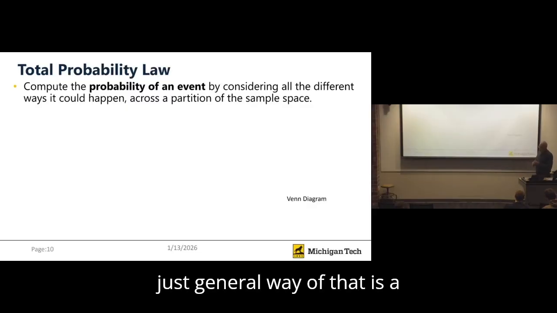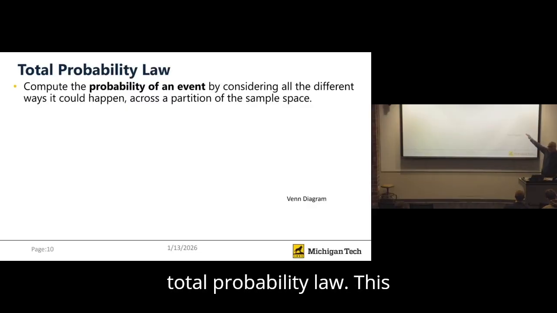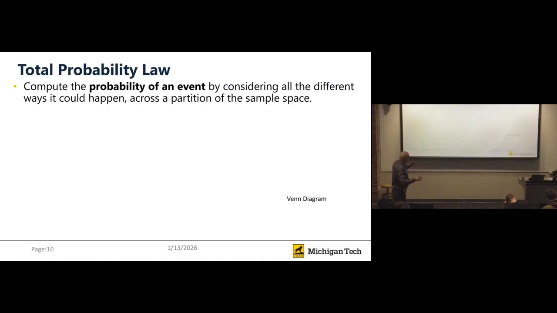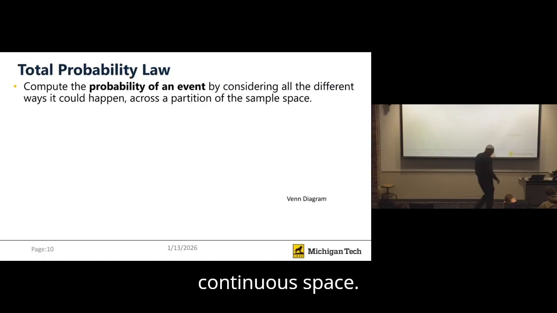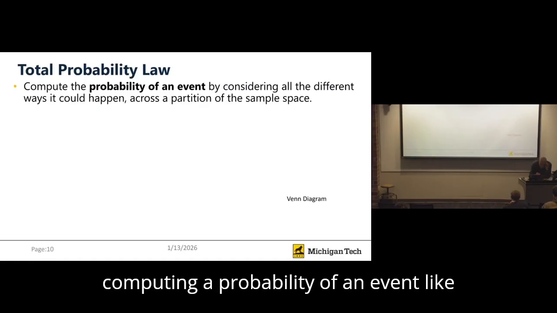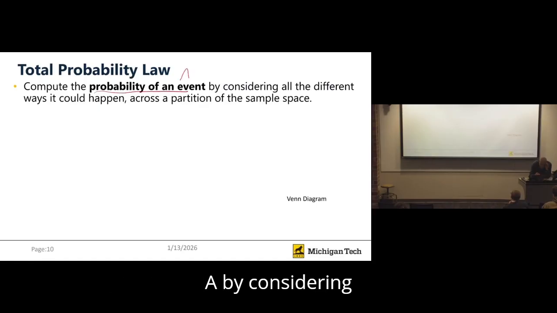But the general way of that is the total probability law. This total probability is very important. We can see a different version of that in continuous space. Right now, we are still in discrete space. We have A and B as events. The point of total probability is computing the probability of an event like A by considering all the different ways it could happen.